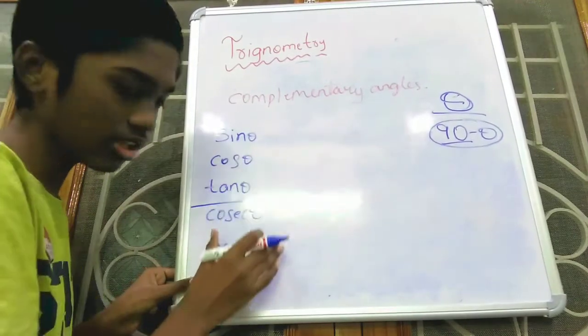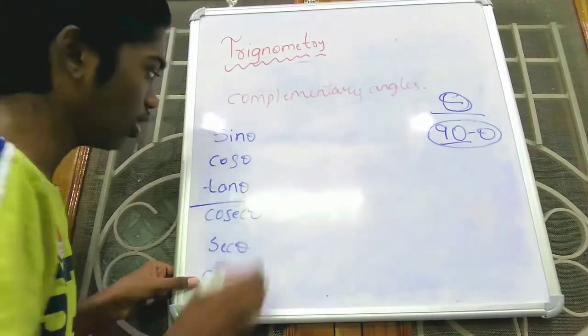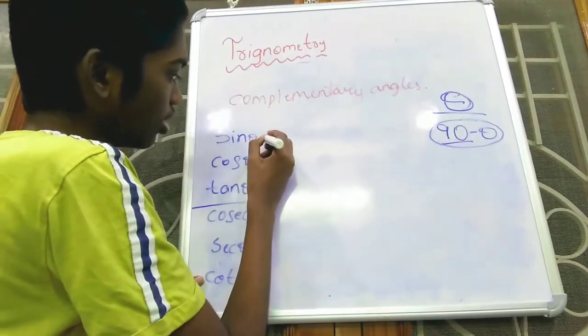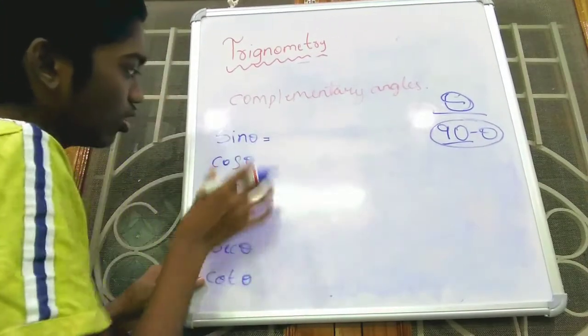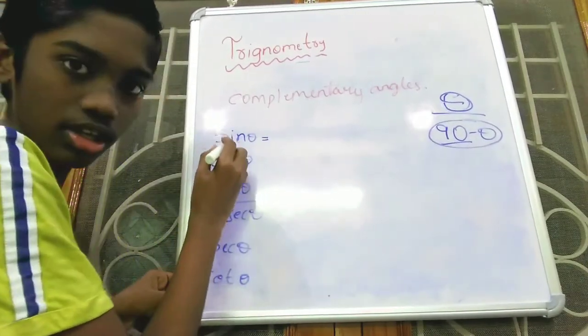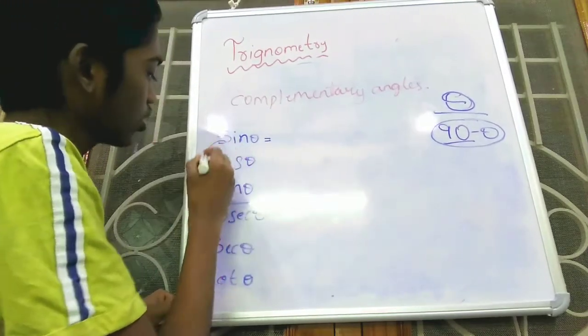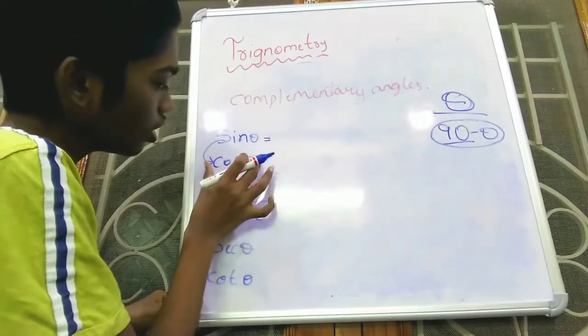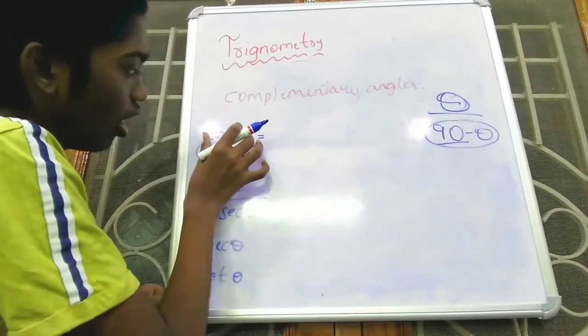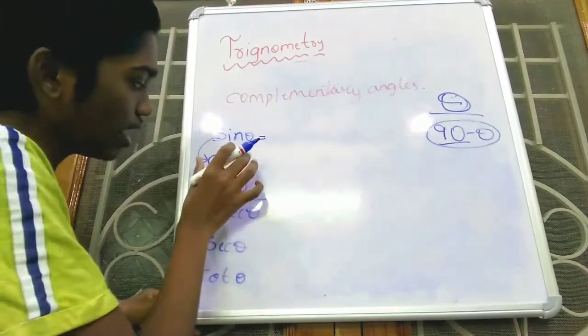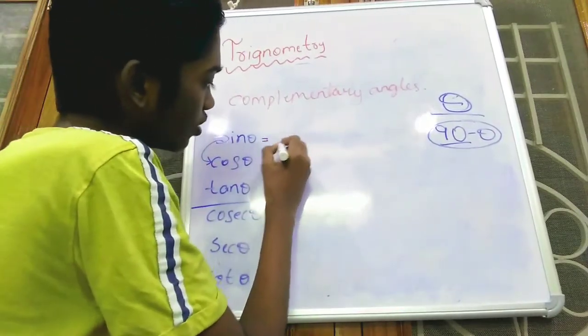These are the ratios and these are the reciprocals of these ratios. Now first coming to this sin theta. If they ask sin, the ratio which is next to sin is cos. Then first you write the cos here. Why? Because after sin it is appearing cos.